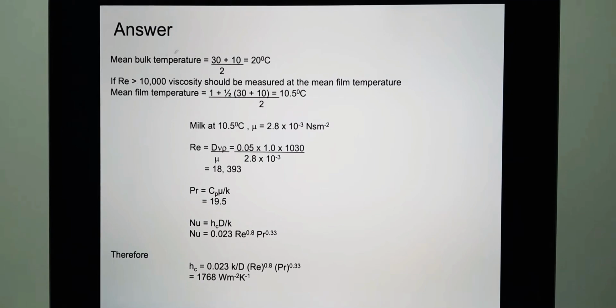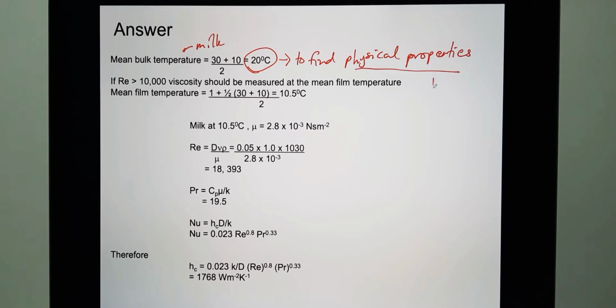Okay, so for this particular mean bulk temperature, I have mentioned just now, this one is meant for the milk. And this particular 20 degrees Celsius is meant to find the physical properties of the fluid. So it is not necessary for you to look for these values, because the values of physical properties will be given to you.